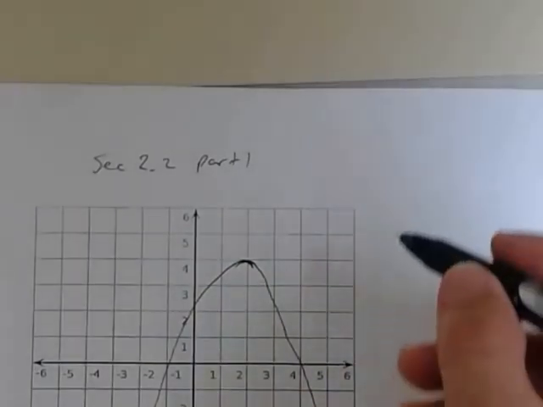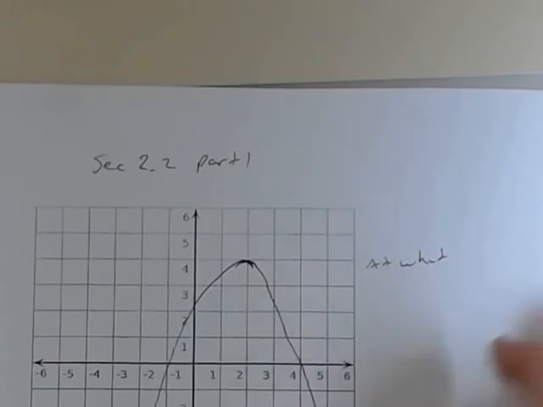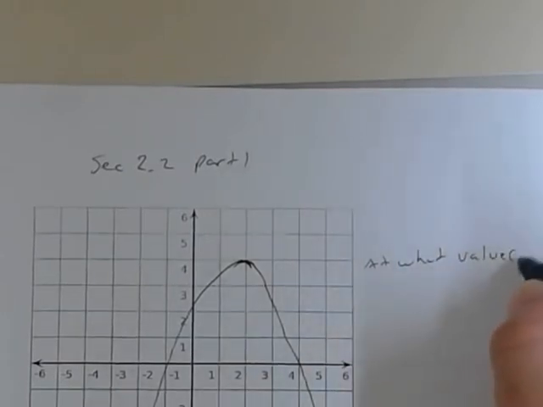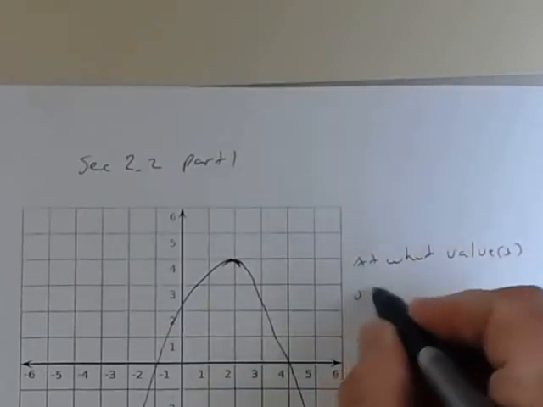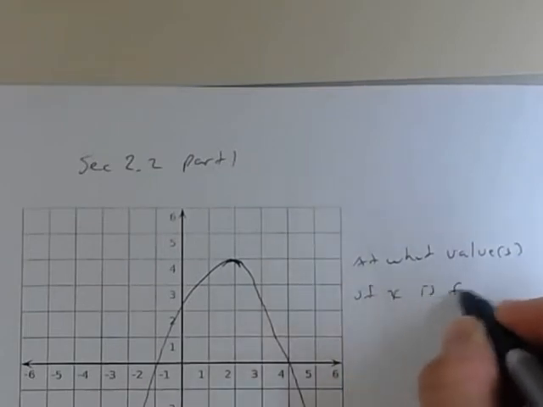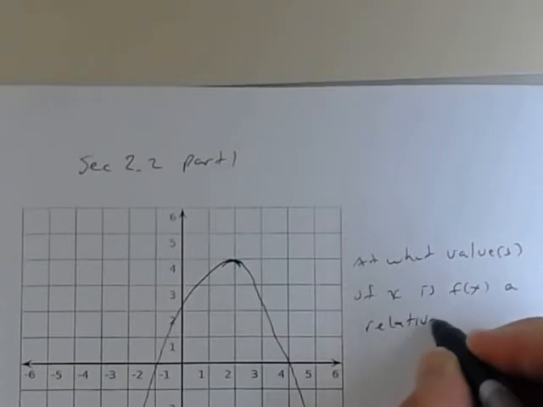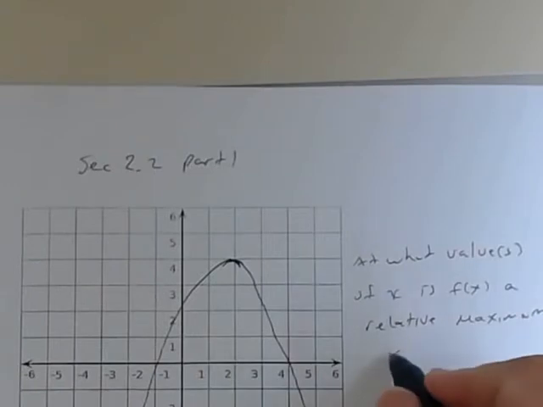So the directions will say something like this. It'll say at what value or values of x is f of x a relative maximum. And then it'll say x equal blank.